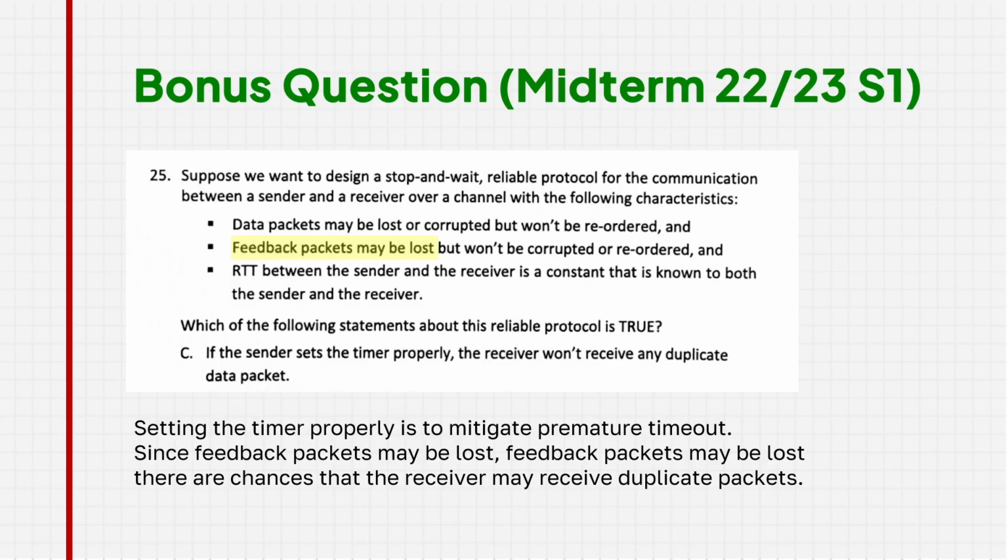So you want to set it properly so that if it is successful, it should come. So it is to mitigate premature timeout, but not to mitigate the chances that the receiver may receive duplicate packets. If the feedback packet is lost, the ACK is lost, then duplicate packets may exist. So the timer does not have anything to do with it.